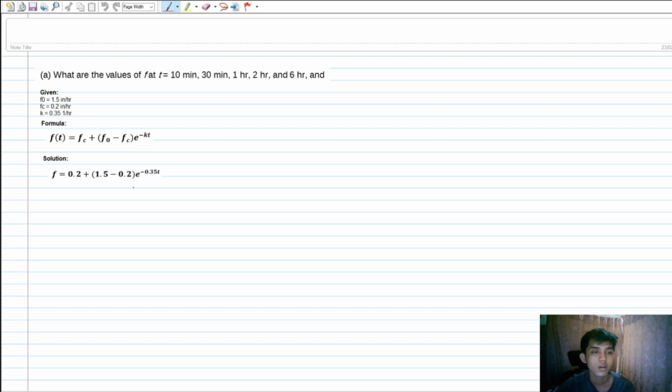So we have here in the solution f is equal to 0.2 plus (1.5 minus 0.2) multiplied by e raised to negative 0.35t. And we have already discussed how we substituted the values of each of the variables in the equation earlier. So let's start with t is equal to 10 minutes.